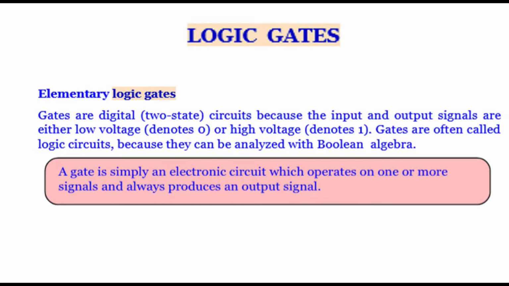That means a gate is nothing but a device which takes one or more inputs but always gives one output. Okay, that is the definition of a gate. One more time, a gate is a logical circuit or electronic circuit which takes many inputs and always gives one output.